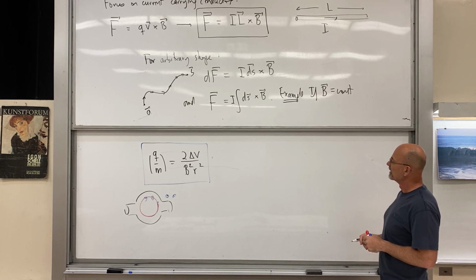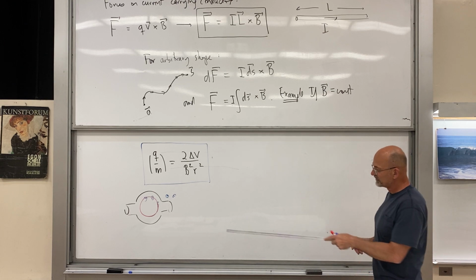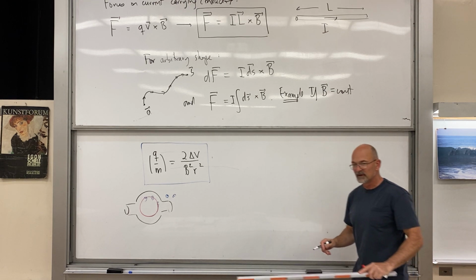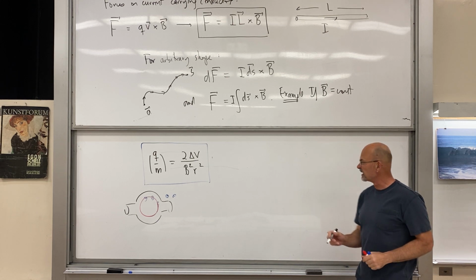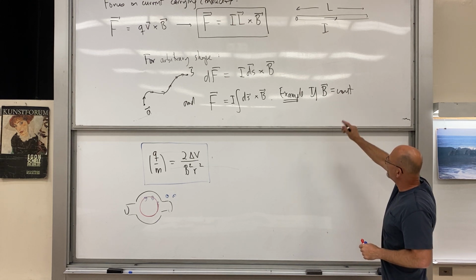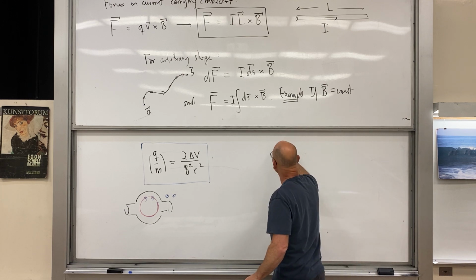But we can produce constant B fields. We get one for this experiment I showed you last time, between the poles of a magnet, where we can get a nice constant B field. So good, if B is constant, what do we have here?